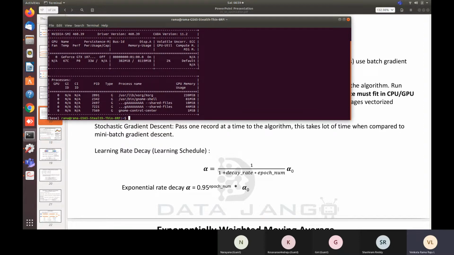Getting it, right? If your record size is 4 MB, and if you take 100 records, it's going to occupy 400 MB, and based on that you need to decide the batch. Sometimes even though you have 32 GB or 64 GB of RAM in your computer, it may not work because your GPU RAM is low.